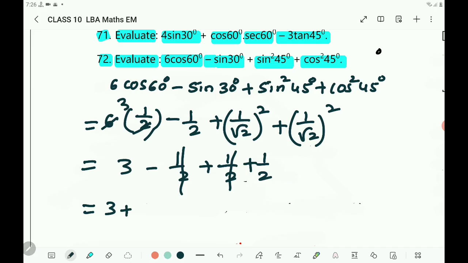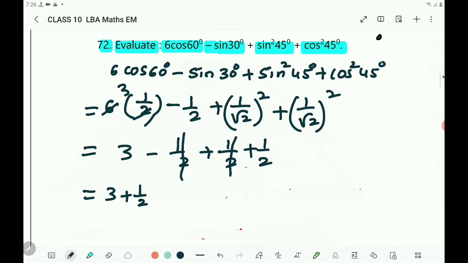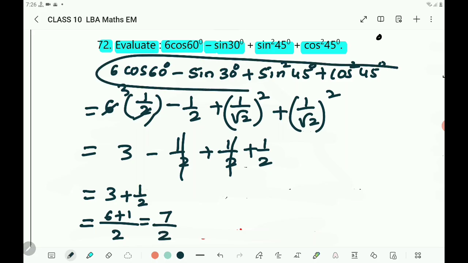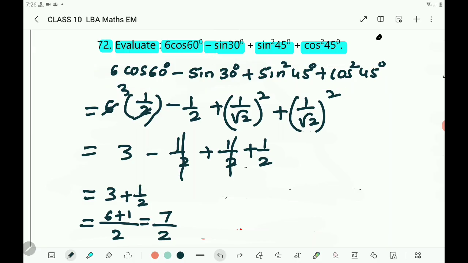3 plus 1 by 2 is 3 and a half. You can take the LCM here. LCM is 2 and 3 2s are 6. 6 plus 1 equals what? 7 by 2. Then what is the value of this one? This is 7 by 2.